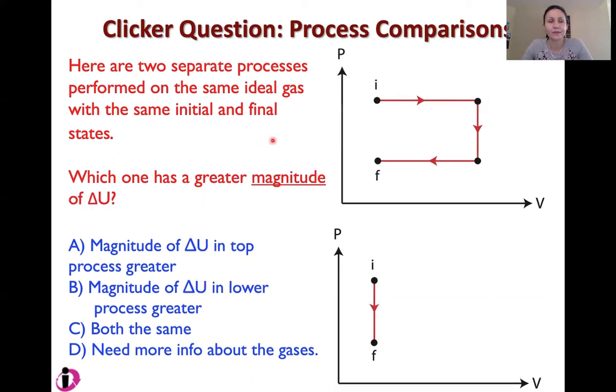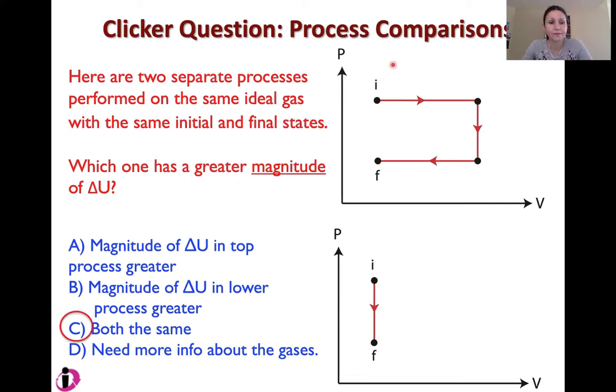All right, next question. Which one has a greater magnitude in delta U? So now I'm asking you about the change in internal energy. So think about this. They both have the same. A more easy, direct way of answering this: delta U is a state function, and state functions do not depend on processes.